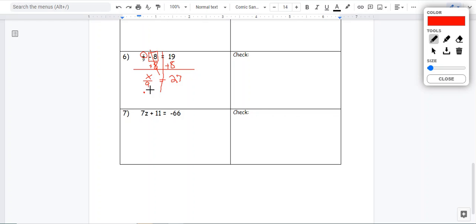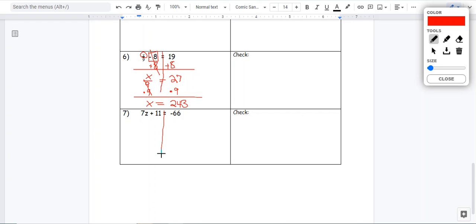So x times 9 and 27 times 9. Multiplication cancels out the division, leaving me with just x, and then I've got a pretty big number. Feel free to use Desmos if you need to. 27 times 9 should be 243. X is equal to 243.